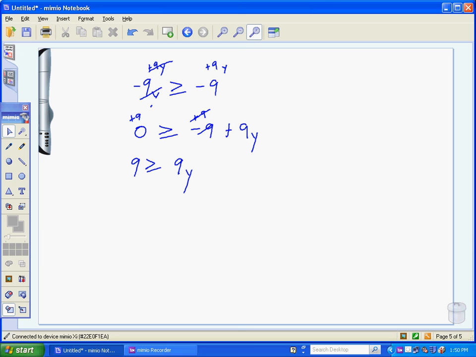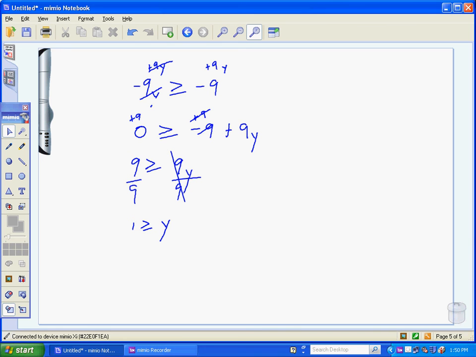I'm showing you why, when we divide or multiply by a negative, we flip that sign, without actually dividing or multiplying by a negative. Now, how do I get y by itself? Am I allowed to divide by positives all I want? Yes, and it doesn't change anything. So I divide this positive 9 out, it cancels there, and I'm left with 1 is greater than or equal to y.